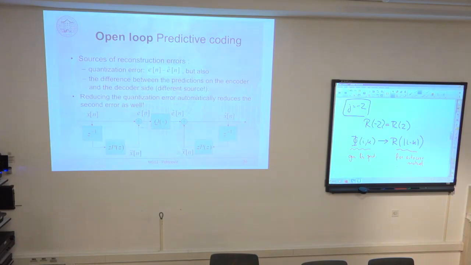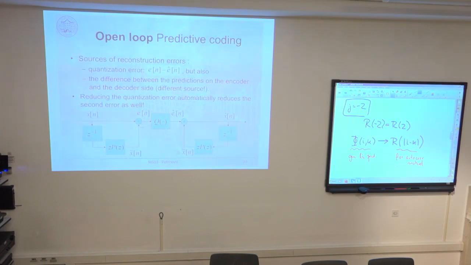Okay, so why do we use such prediction at all? Where is the gain of using prediction? The basic gain is that this E of n has much smaller variance than the original x of n. And we have shown that in order to reduce quantization error, one simple way is to reduce the variance of the signal.